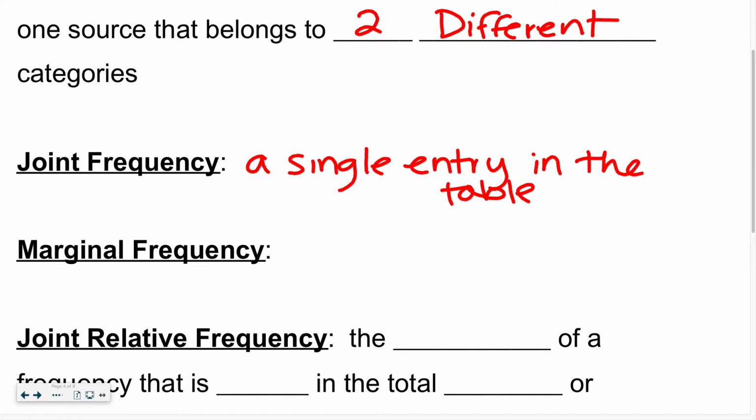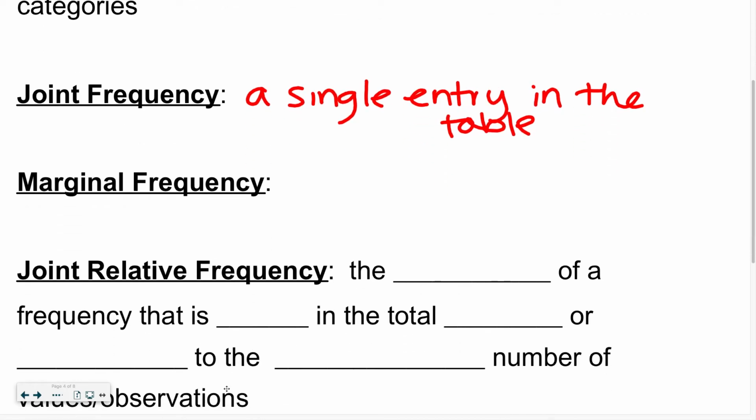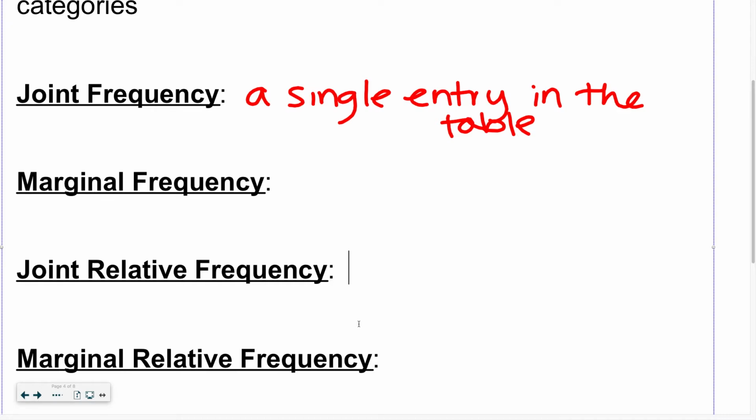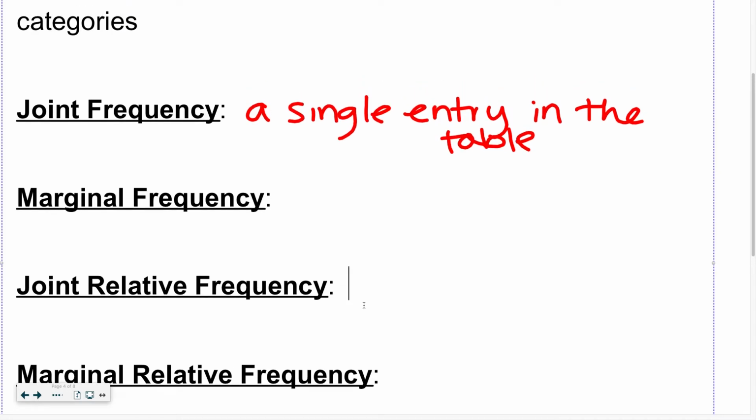A single entry in the table is a joint frequency. And it's called a joint frequency because it's joint with a column and a row, right? It's the age range and that specific education level, and that one entry is those people who meet those two qualifications. So those are joint frequencies.